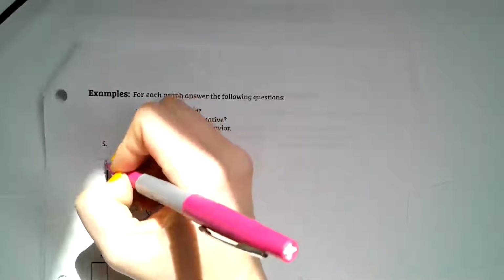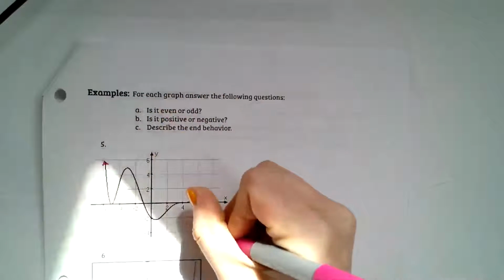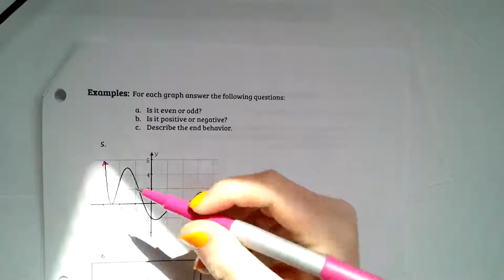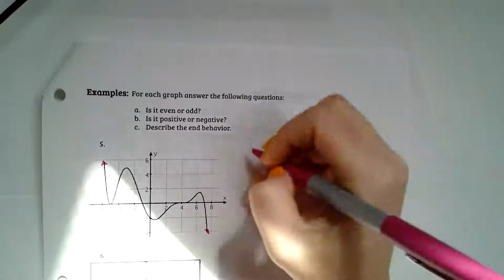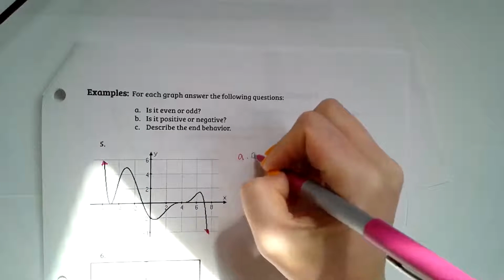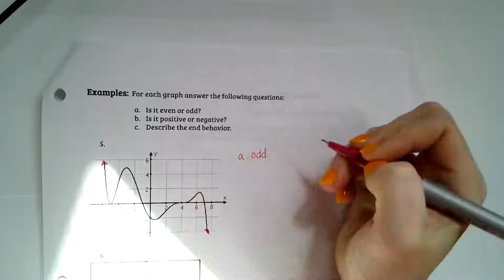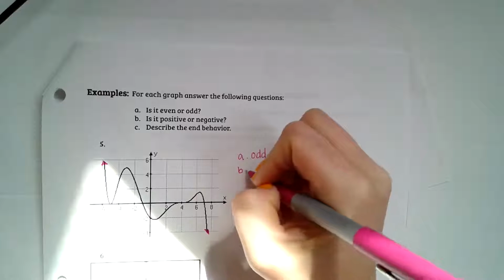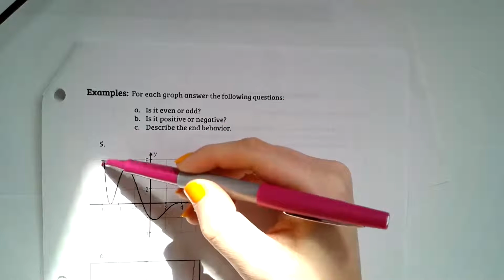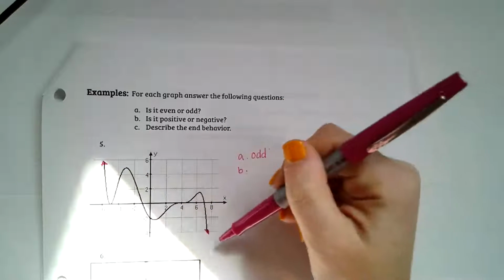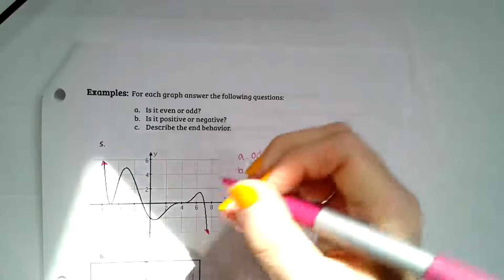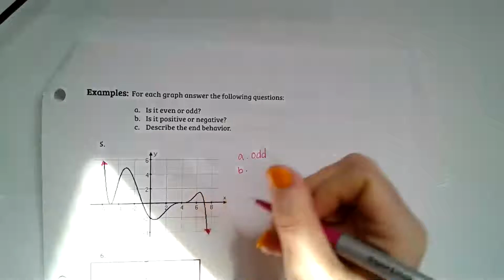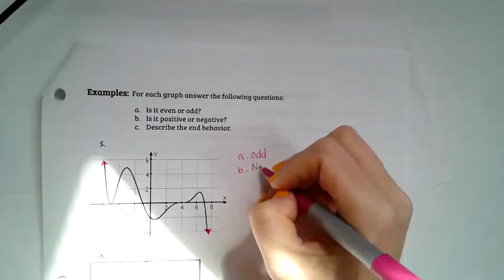If we're looking at the ends, we've got this end and this end. One is up and one is down, which means that this is odd. And then it starts up and ends going down, so that means that this is negative.